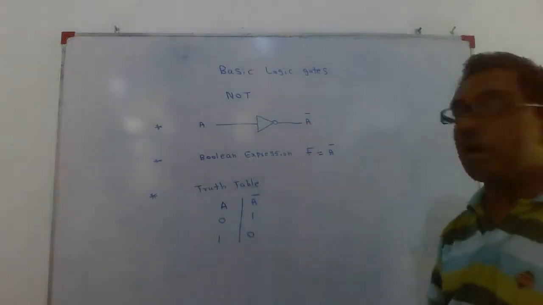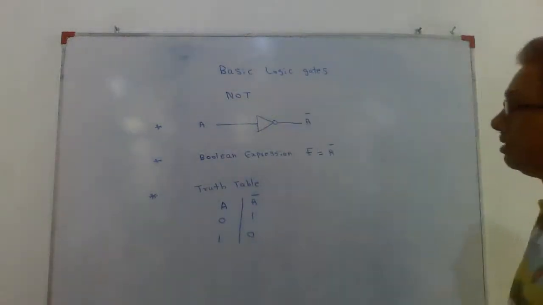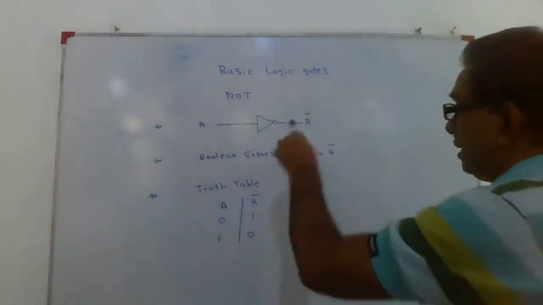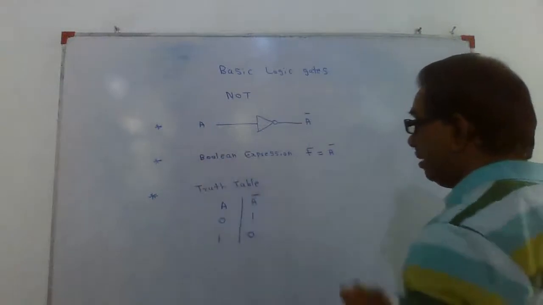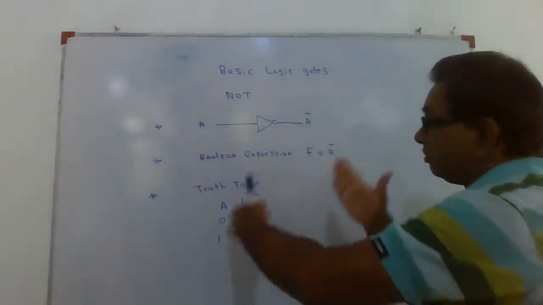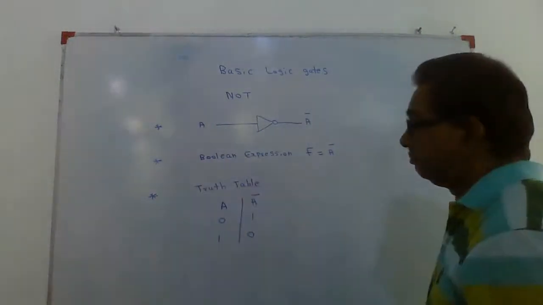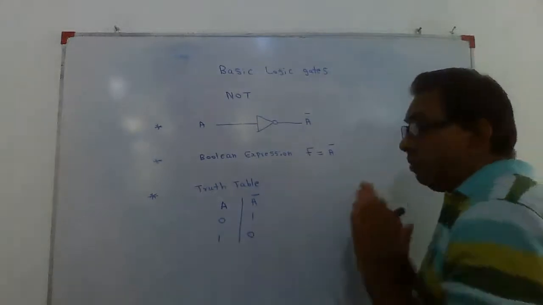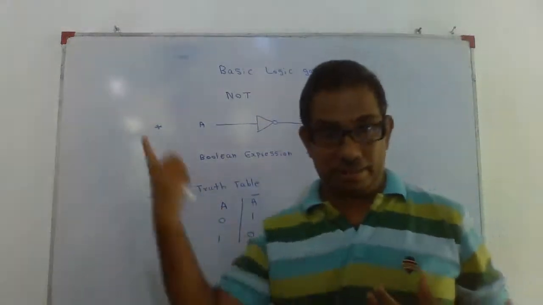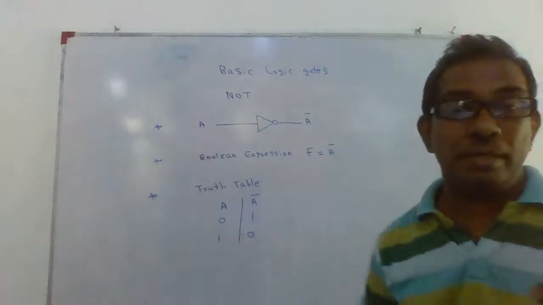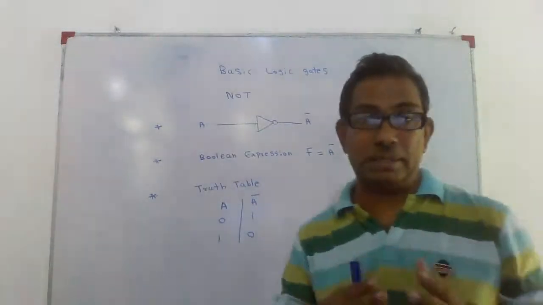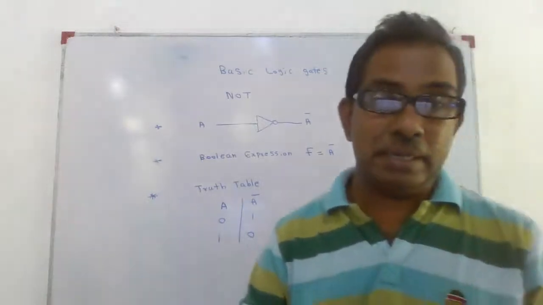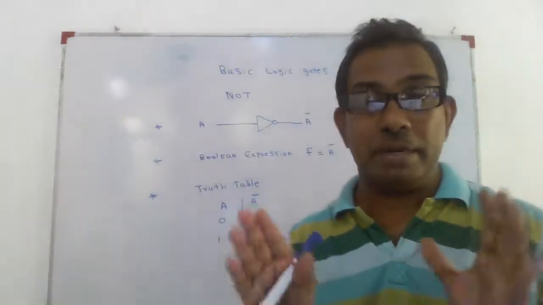So there are 3 components with the NOT gate. The gate symbol, then the Boolean expression, and the truth table. There may be more than these 3 components. I think it is better to discuss some areas later with different examples.